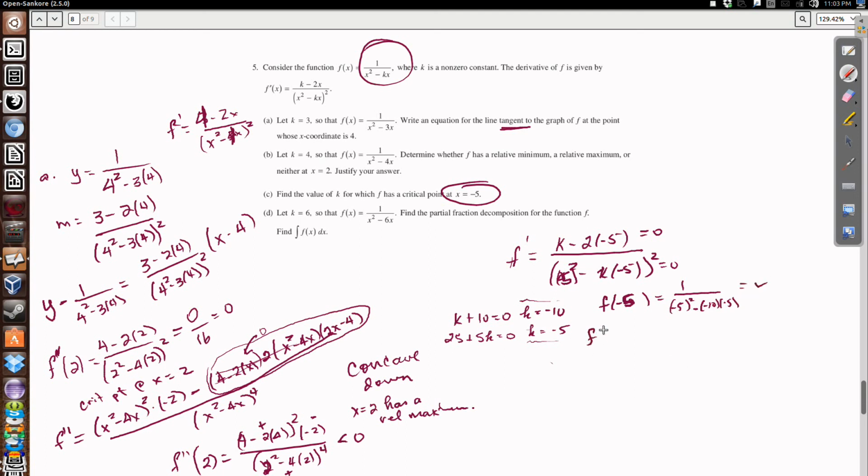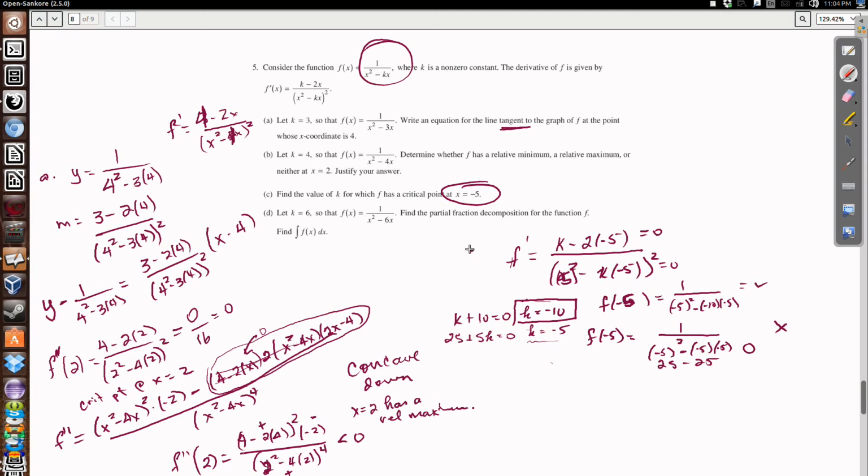But if I try and evaluate f at negative 5 for this one, I get 1 over negative 5 squared minus negative 5 times negative 5. And this is going to be 25 minus 25, which is 0. And so this is undefined. So the only point that's going to work is this k equals negative 10. The k equals negative 5 isn't going to work for me because it's not part of the domain of my original function.